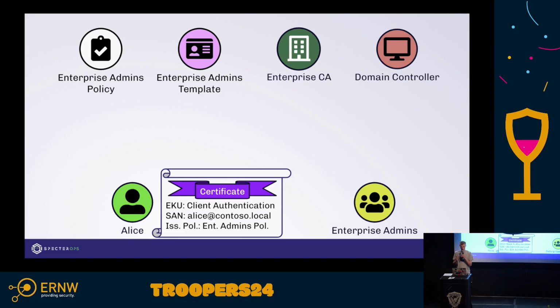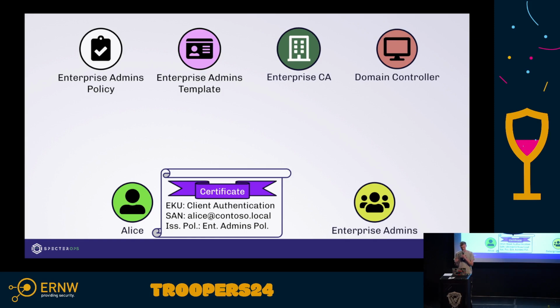What's special about this certificate is that it has this issuance policy field set to this enterprise admin's policy. So you can see there's a new node type in the upper left corner, an issuance policy. What this issuance policy has is an OID group link to enterprise admins.